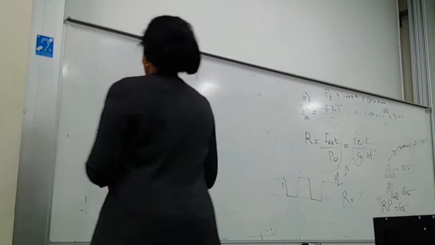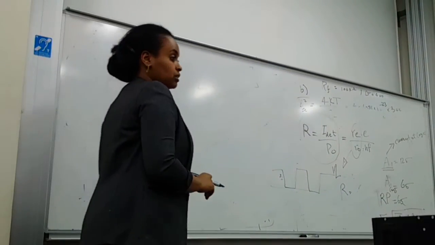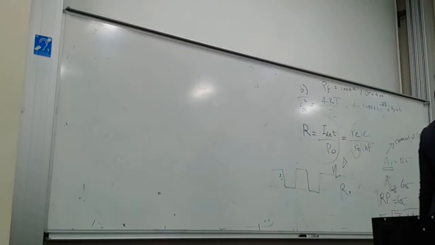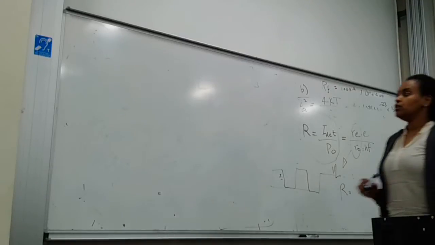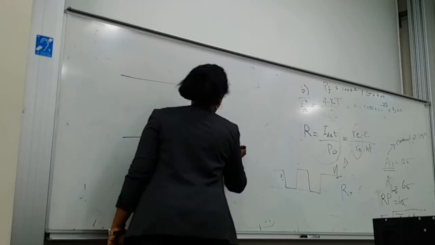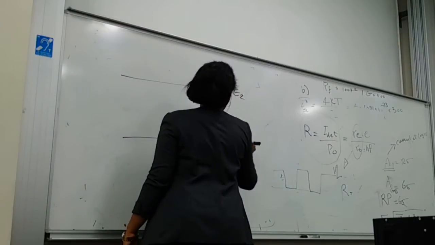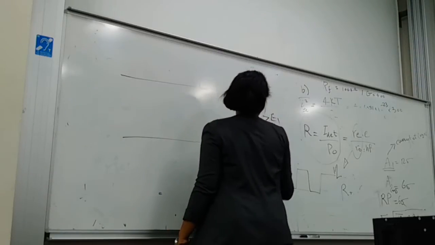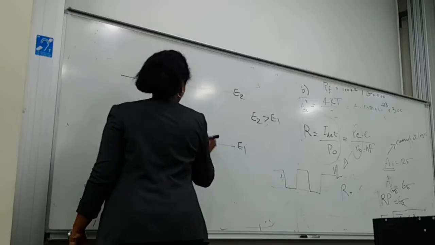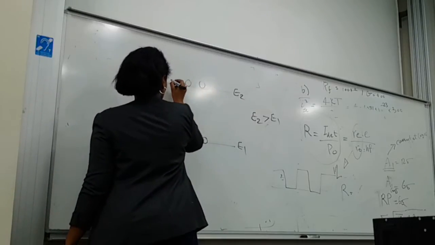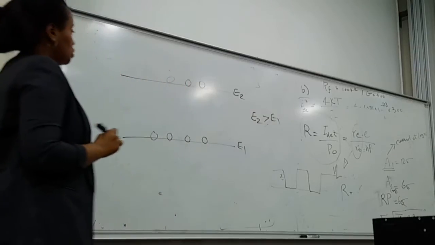We know from quantum physics that systems, for example atoms, exist in a discrete number of energy levels. So if you consider these two energy levels, E2 and E1, where E2 is greater than E1, we'll have atoms in E2 and atoms in E1.